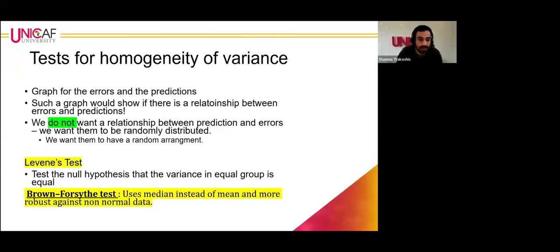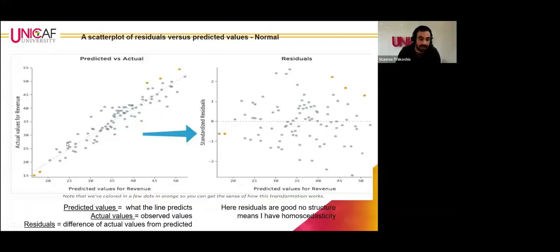But you can also make graphs of the errors and the prediction. So before, at the beginning, we saw that the error is how far each observation of the dependent variable is from the line, from the predicted value. And we can look for this assumption graphically.